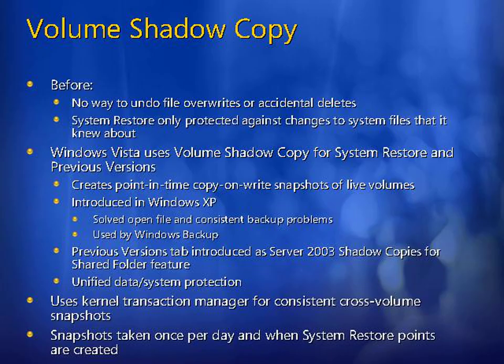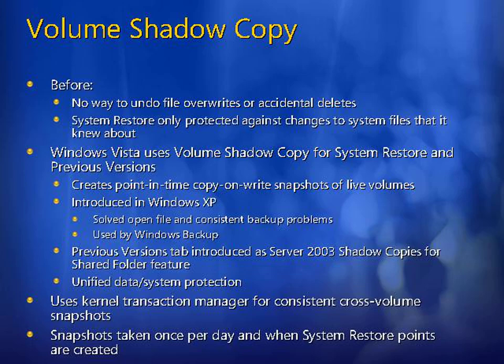So instead of having System Restore doing the monitoring and protection of the system files and have volume shadow copy going on at the same time, they decided to just re-implement System Restore to leverage the same volume shadow copy functionality. So now the same point-in-time snapshots that end users use to get access to their previous files and folders are also used by System Restore to get access to the system state as it existed at a previous point in time.